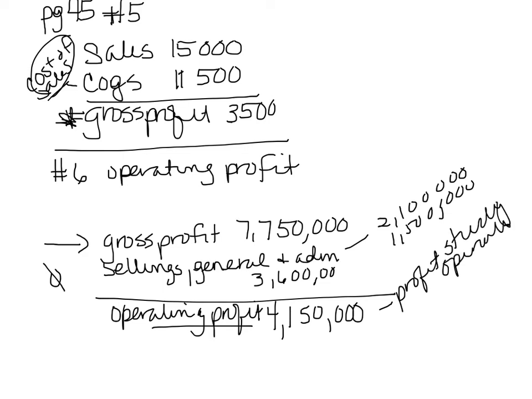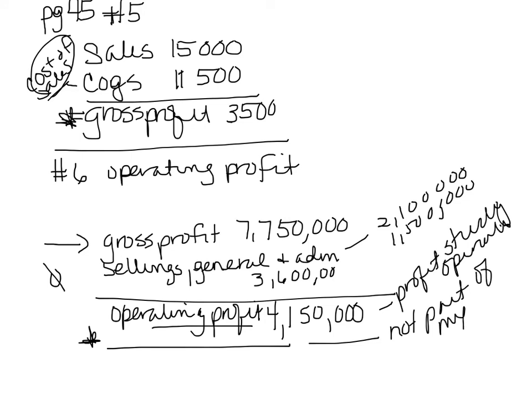Then if we do other things like we pay interest or we collect interest or we get some rent revenue, it would go below that because that's not part of my everyday business. Okay?